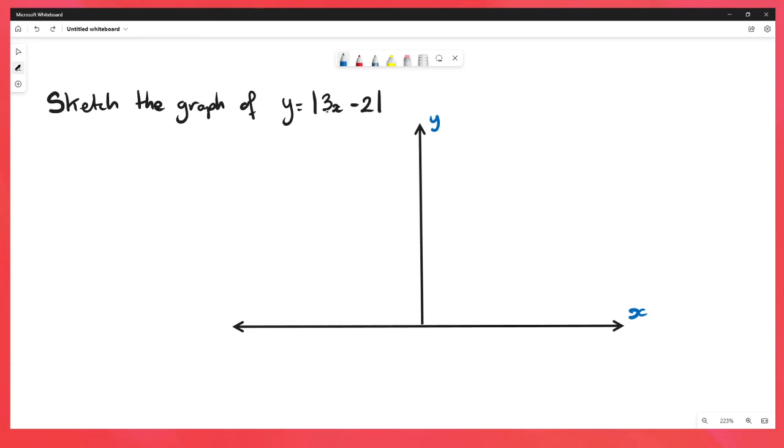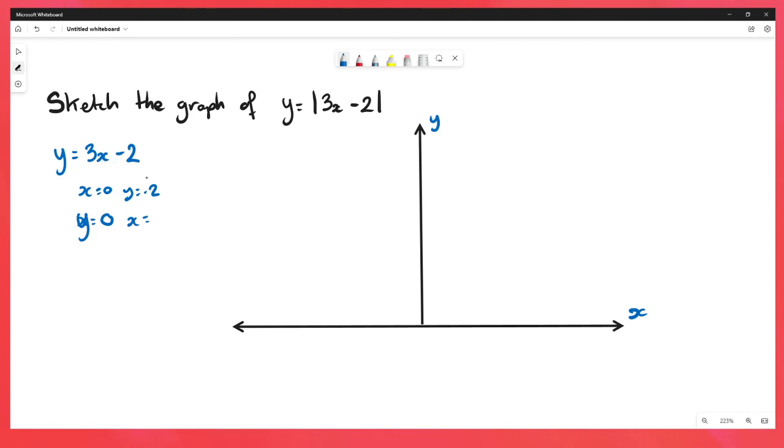So let's think about this in a different way. Let's start by thinking about the graph of y equals 3x minus 2. Well, we know this is going to cross the y-axis at minus 2, and we can work out where this crossed the x-axis.